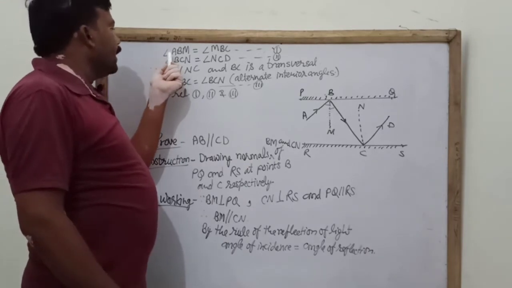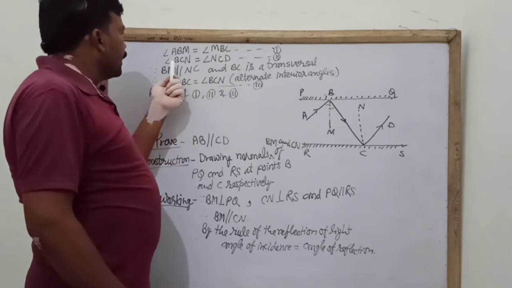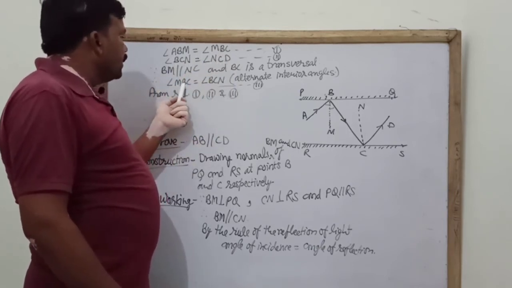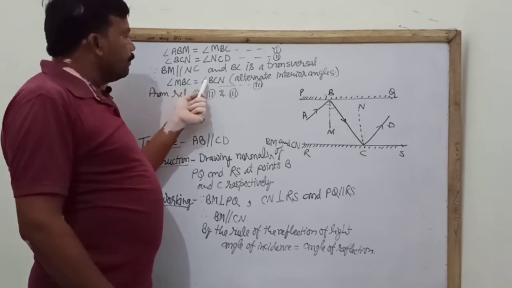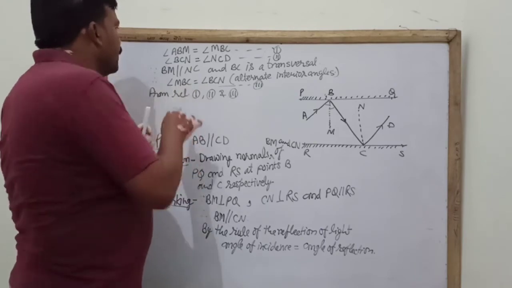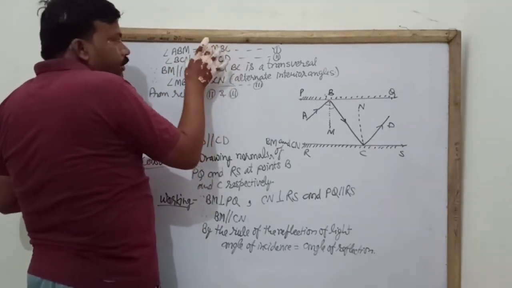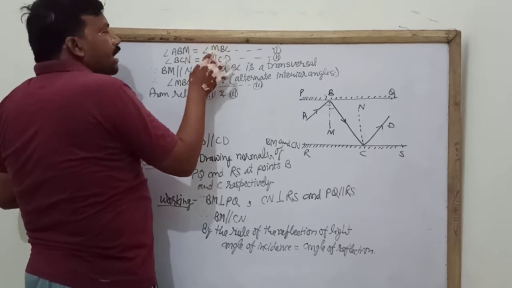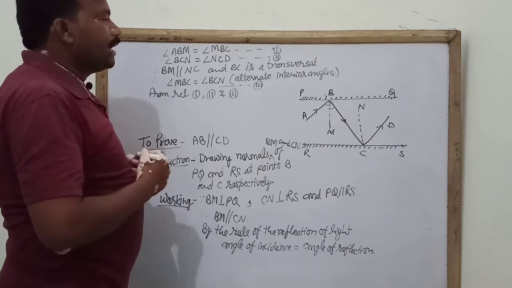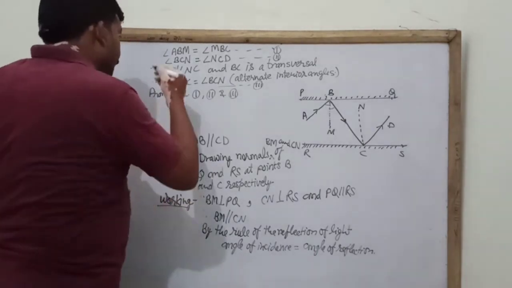That angle ABM equal angle MBC, and angle BCN equal angle NCD. Here angle MBC equal angle BCN. These two angles are equal. It means all the four angles are equal.